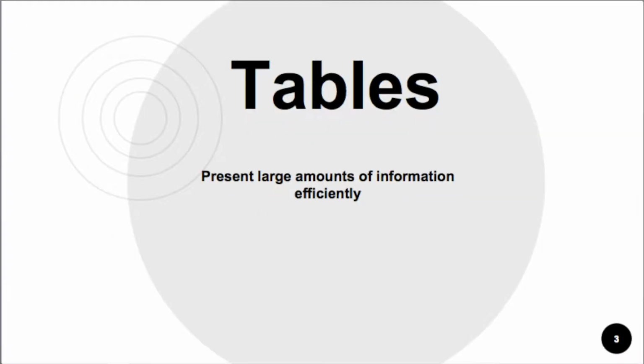When using tables, you can present a large amount of information efficiently and obviously. It's important to make sure when you use a table that you talk about the information in the table also in the body of the text. You want to have a cohesiveness between the information you're presenting in the writing and the information that is within the table. You also want to make sure that the tables are organized in a logical way within the paper.